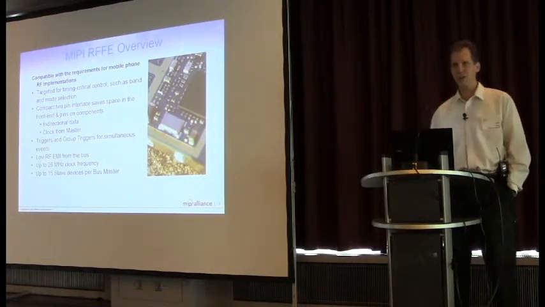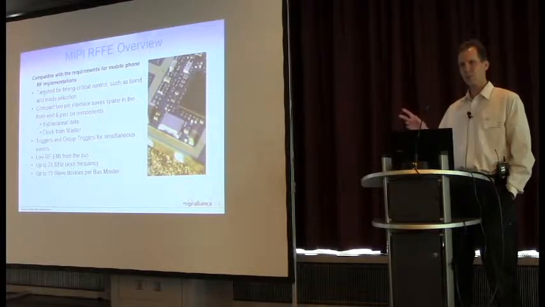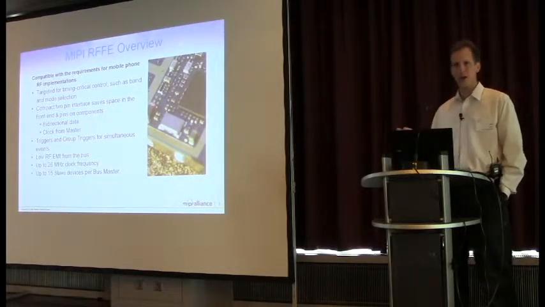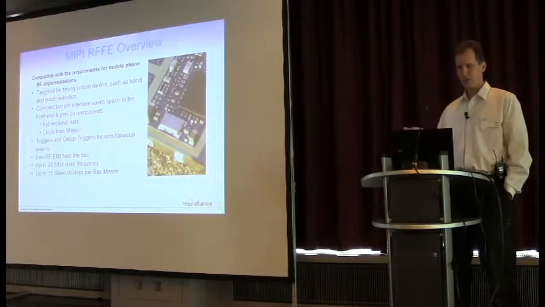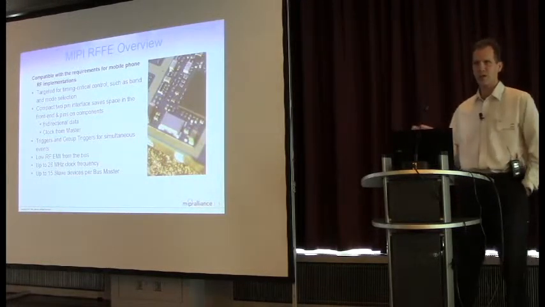And one of the key features is the slew rates are very well spec'd to make sure that there's very low EMI interference on the RF front end. And essentially, the top rate is a 26 megahertz interface.